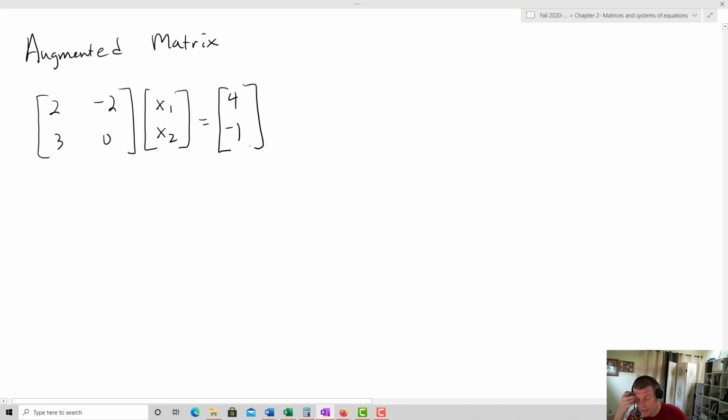What we're going to do with an augmented matrix is eliminate the x1, x2. We're going to pretend like it's there, but it's not really going to be there. It's going to shorten our work time. And this is going to be really important if you're throwing things into matrices.